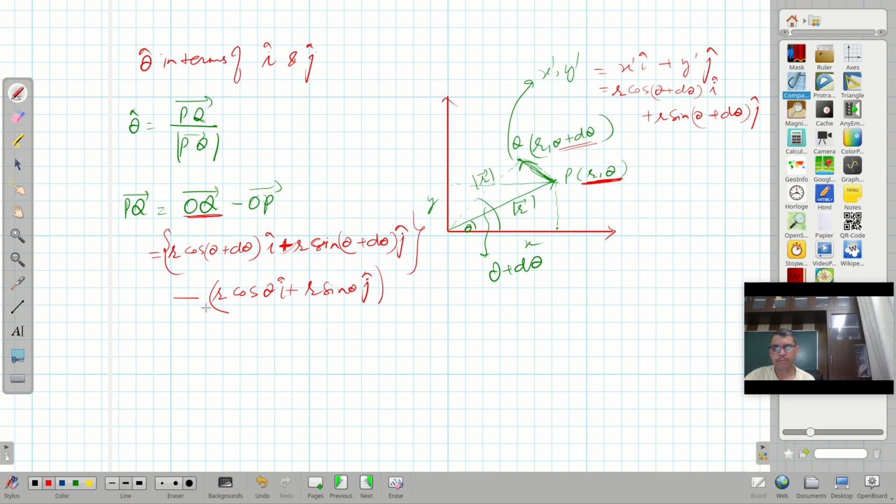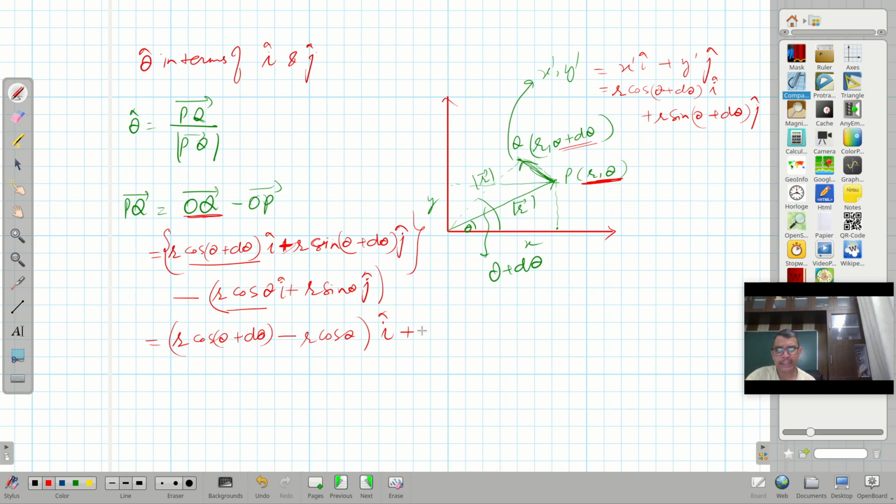So put the i cap terms together and the j cap terms together, so it can be simply written as r cos of theta plus d theta minus r cos theta, taking i cap outside.